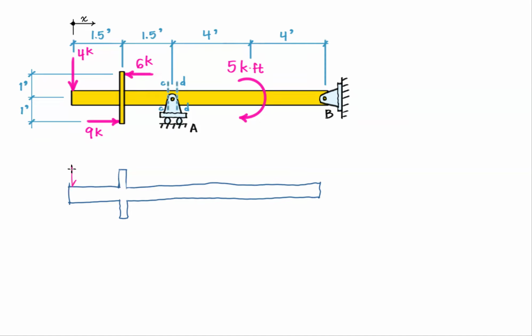And applied loads, so I've got the 4 kips, the 6 kips, the 9 kips, the 5 kip-feet, and now I need to put in the reactions. So you can do some qualitative equilibrium if you'd like to do that.